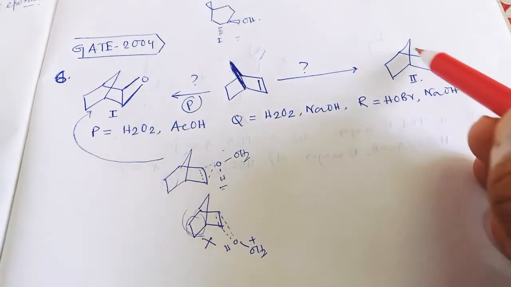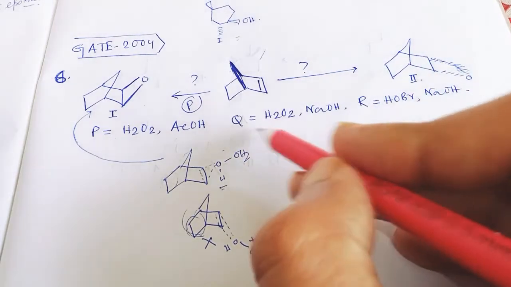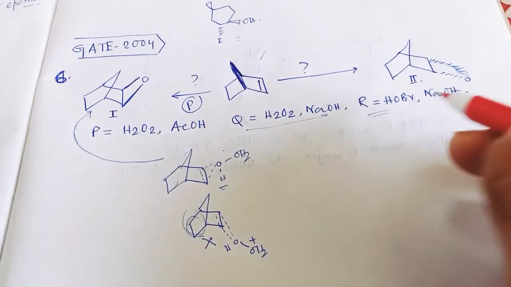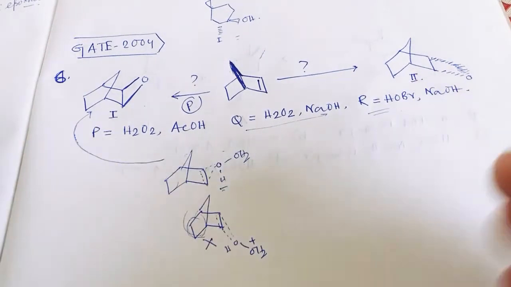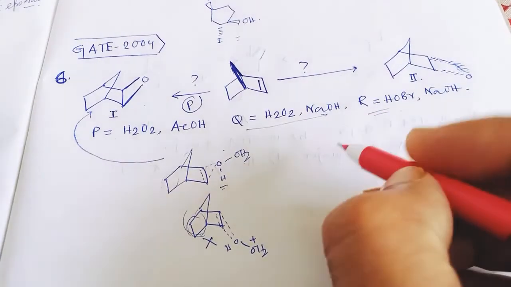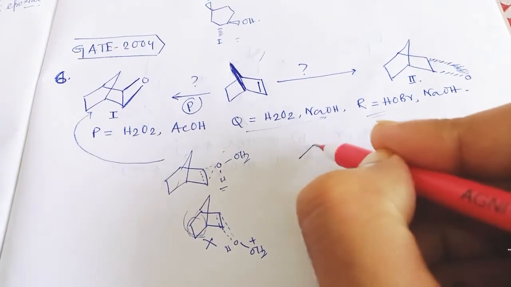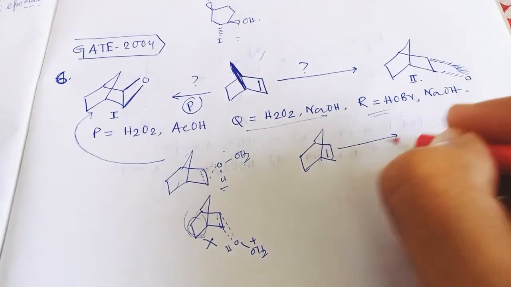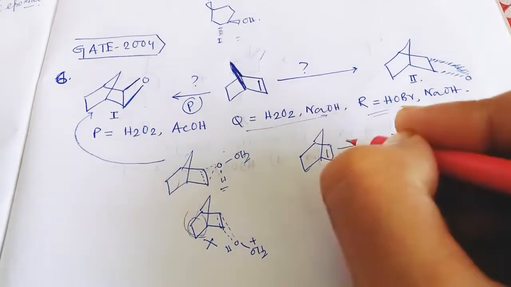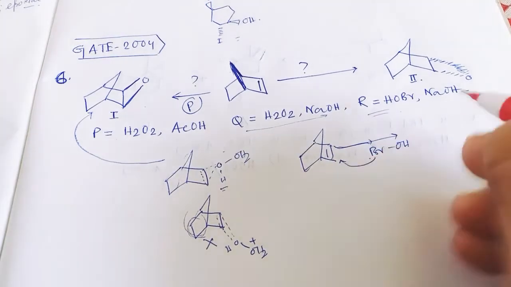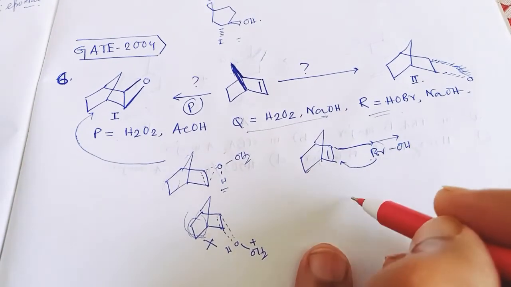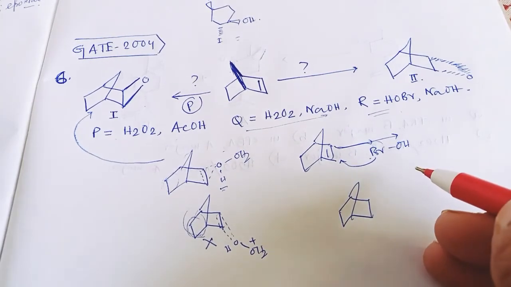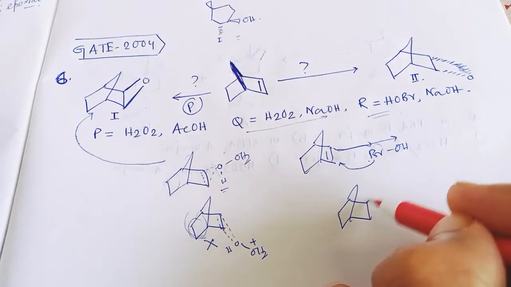and for product 2, what will be the correct condition? It will basically be R. If you see the mechanism, it will be better understood by you. First, a bromonium bridge will form with the bromine, and it will form on the exo side to avoid the steric.